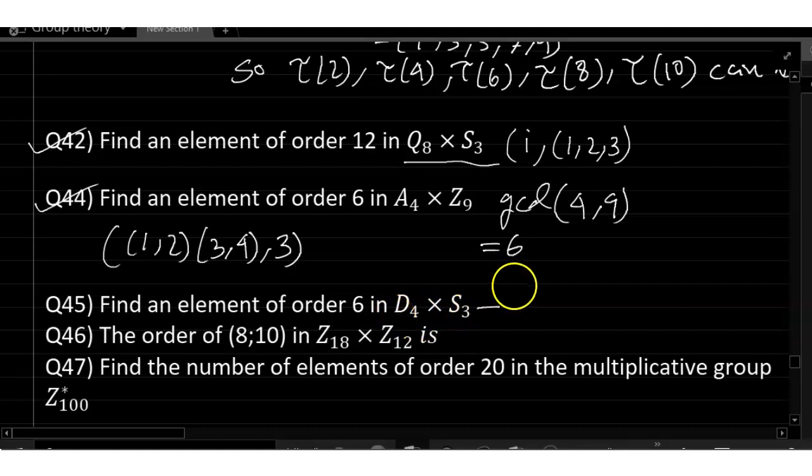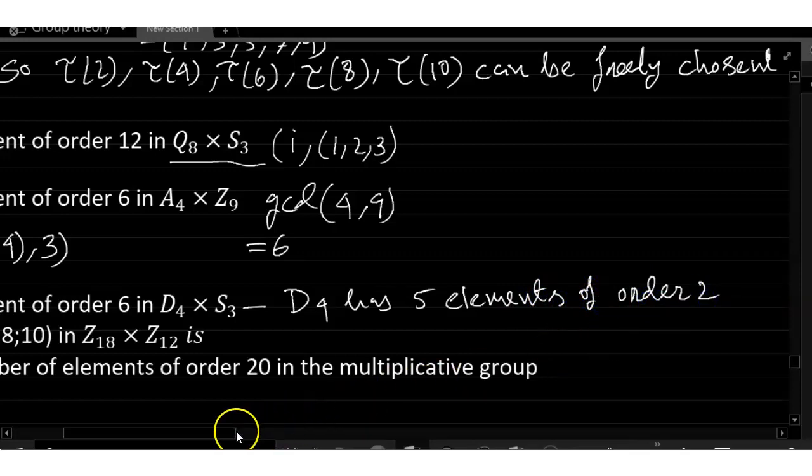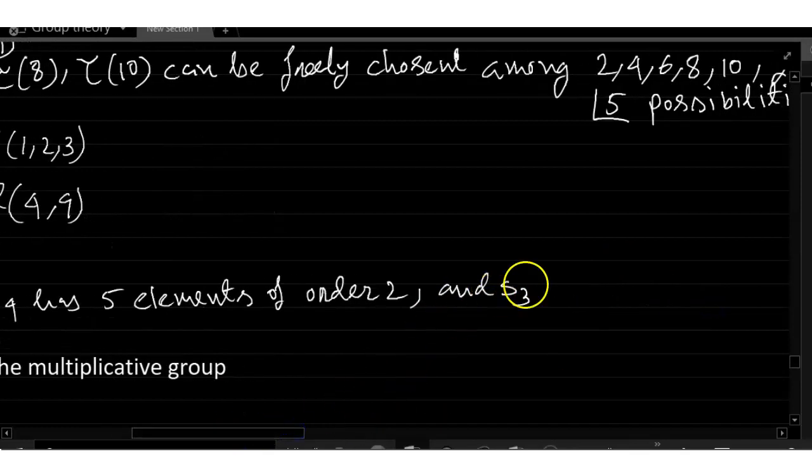D4 has 5 elements of order 2 and S3 has 2 elements of order 3.